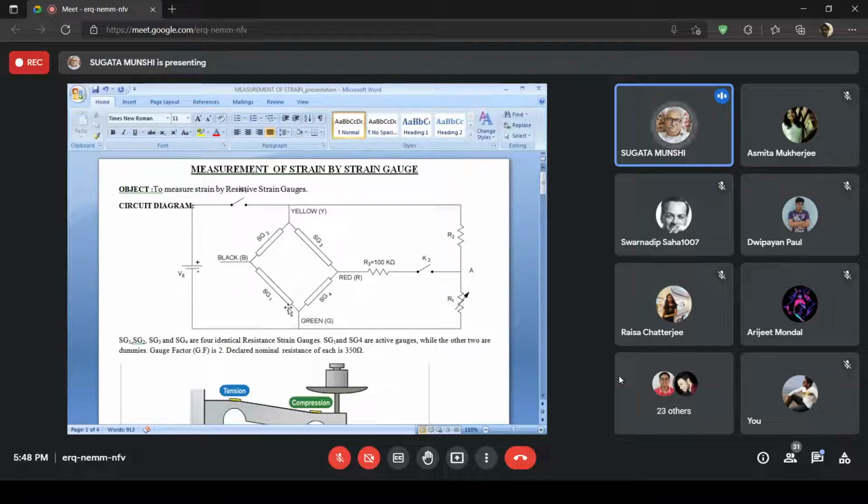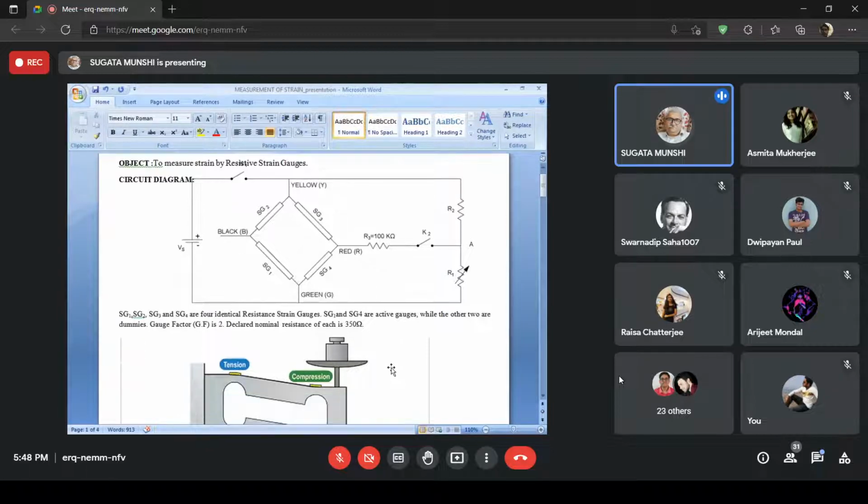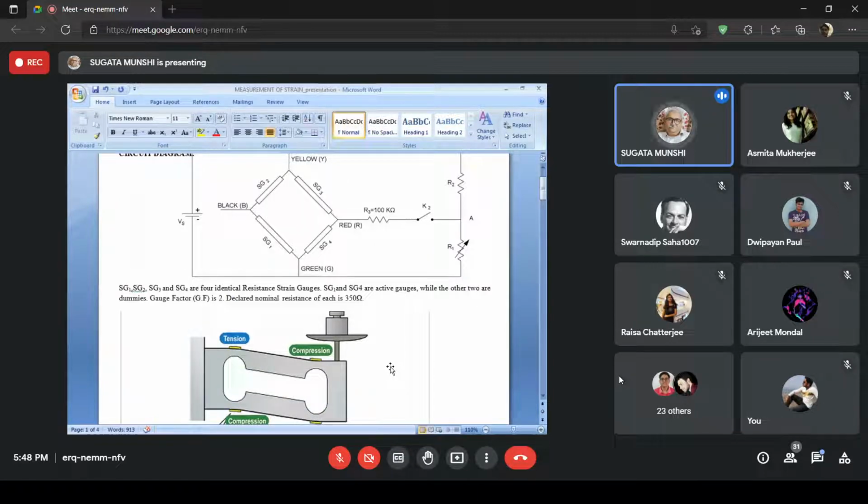So what is the bridge configuration that we are considering here in run 1? SG1 and SG2 occupy 2 adjacent arms of the bridge. The other 2 arms are R2 and R1.